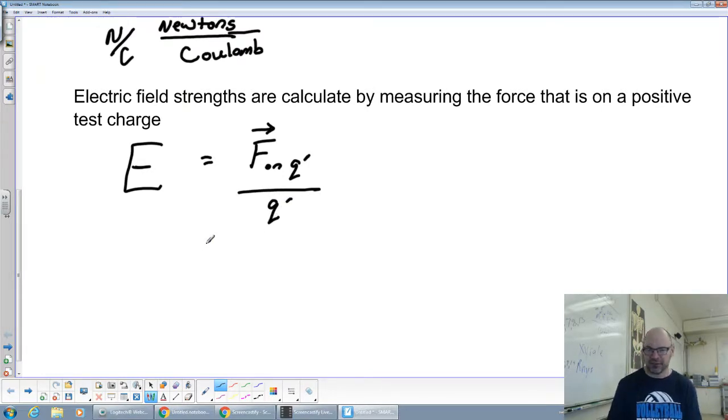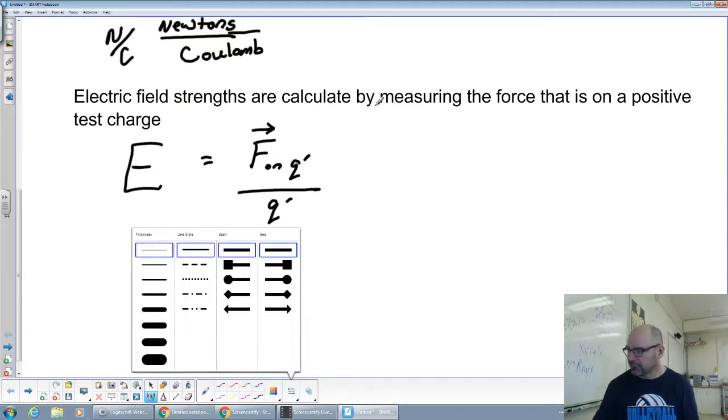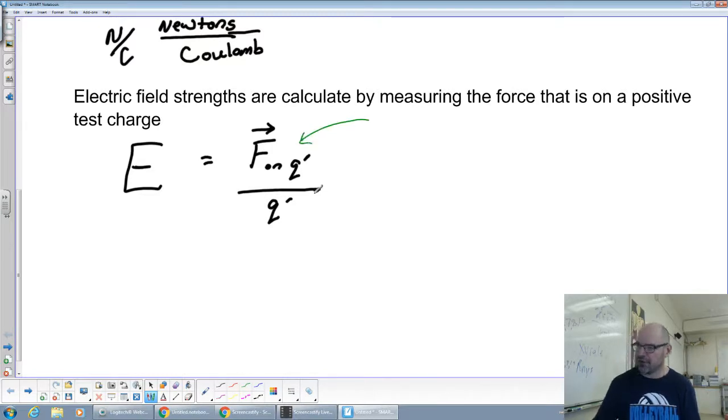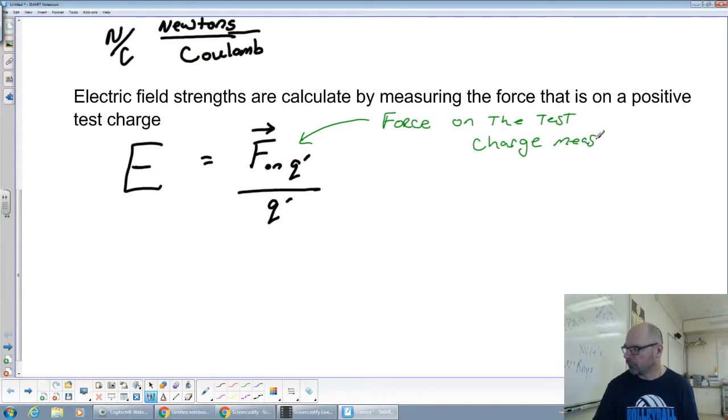So what are each of these? The top here is the force on the test charge, measured in newtons. Remember, there has to be a direction with force as well. And then, of course, Q prime represents the test charge.